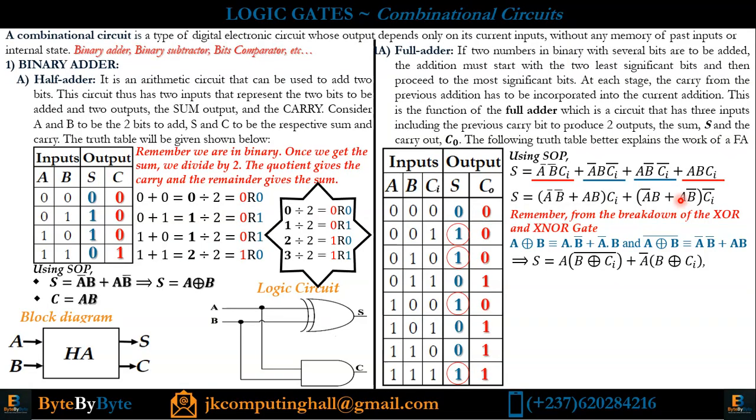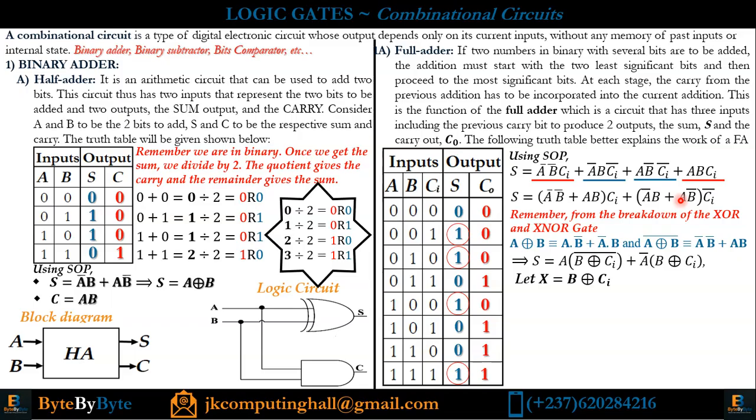Good. But now let us borrow something from mathematics. That is, if I let X be equal to B XOR Ci. I'm just letting you see how easy the expression is. I'm breaking it down byte by byte for you to understand better.